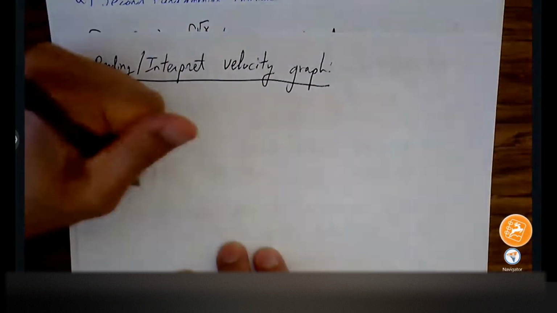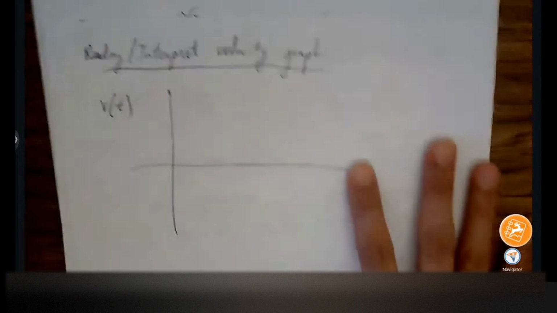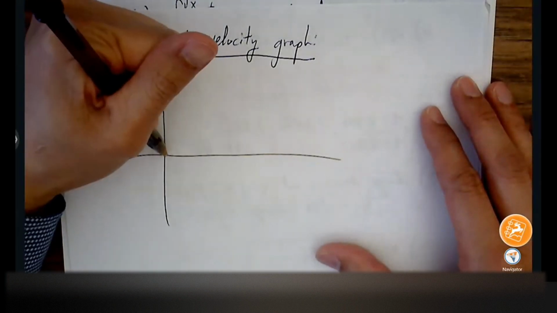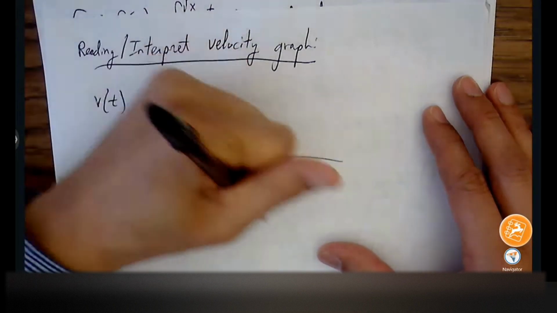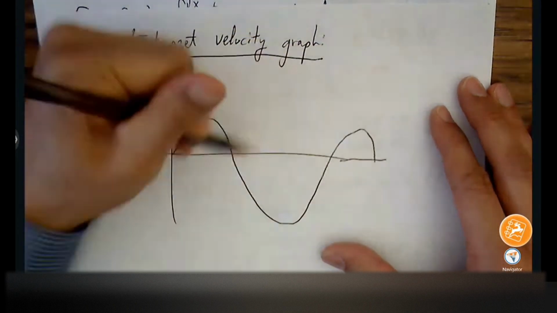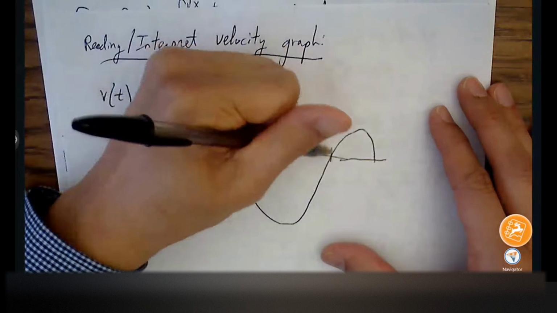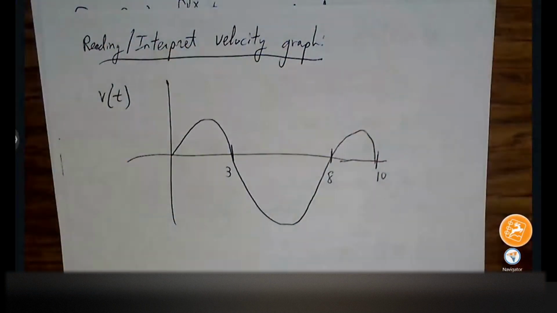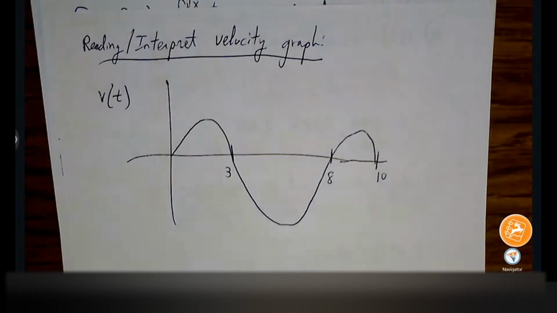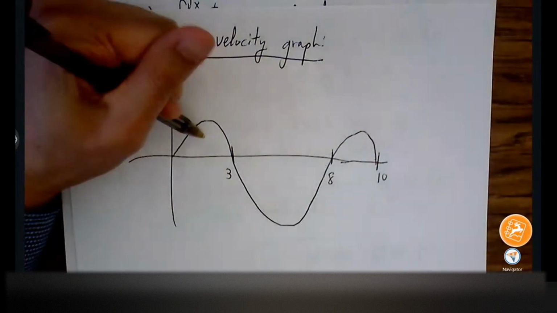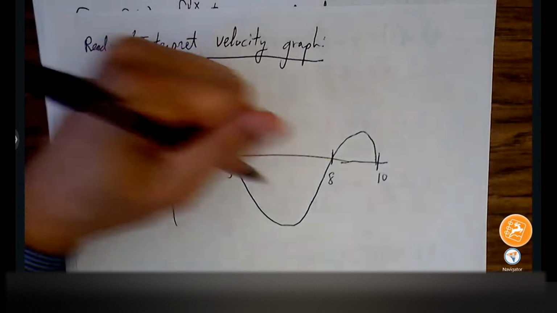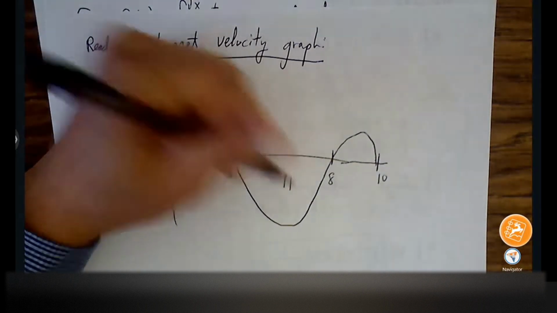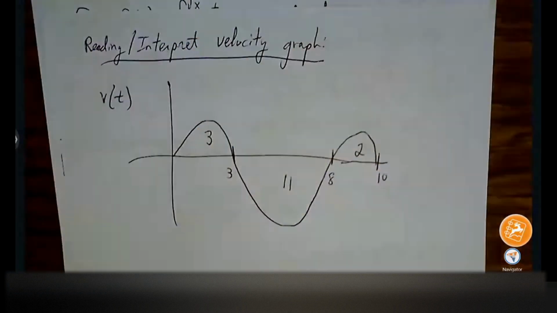Okay, so let's say I have a velocity graph here. And let's say I gave you the areas of these regions to be 3, 11, and 2.